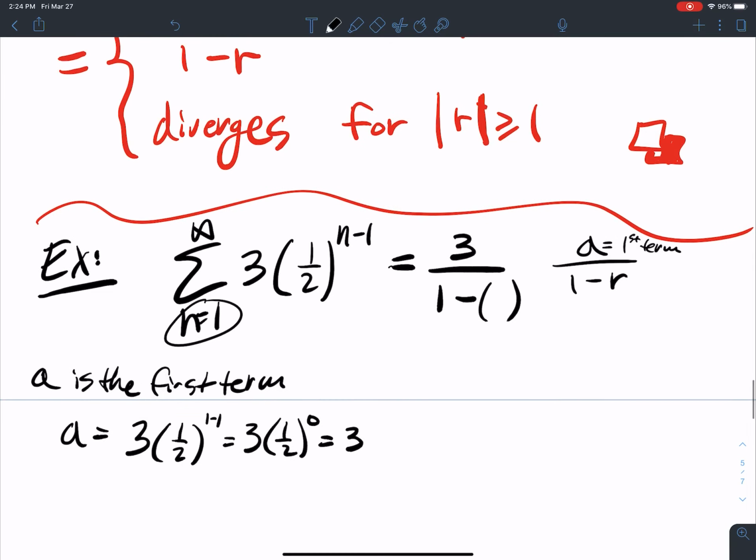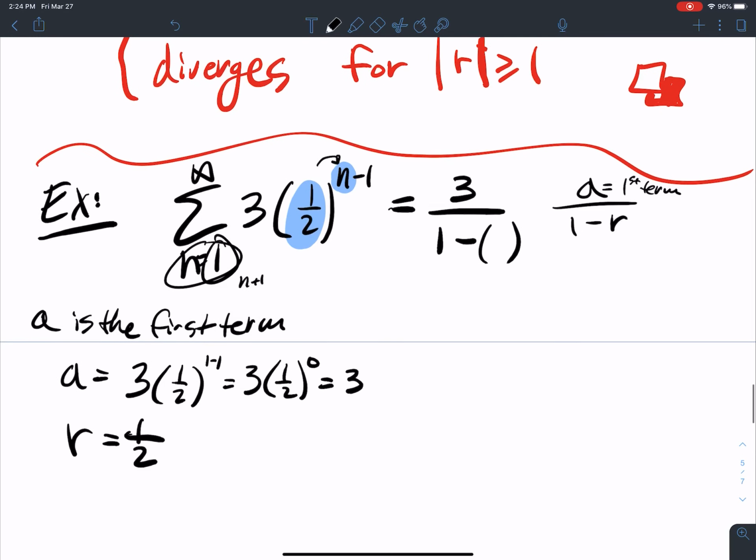Or you can look at what is raised to the power of n. That is 1/2. That's my common ratio. r is what I'm multiplying by each time I increase n. If I increase n by 1, then I'm multiplying by that 1/2 factor. So r here is 1/2. So what is my answer? It's 3 over 1 minus 1/2, which is a half, which equals 6.